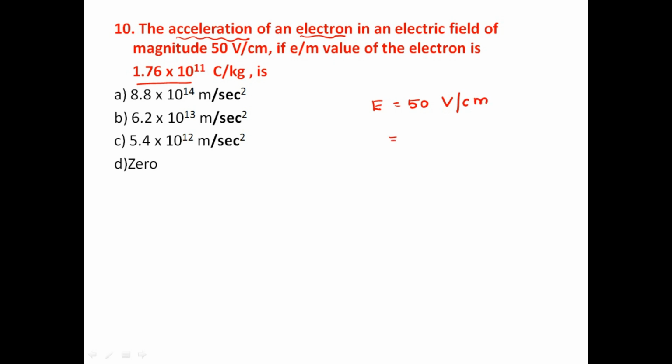You can also write this as 50 into 10 to the power of 2. Centimeter is 10 to the power of minus 2. It can be written as 10 to the power of plus 2 volt per meter. E by m value is given as 1.76 into 10 to the power of 11 coulomb per kg. Right?